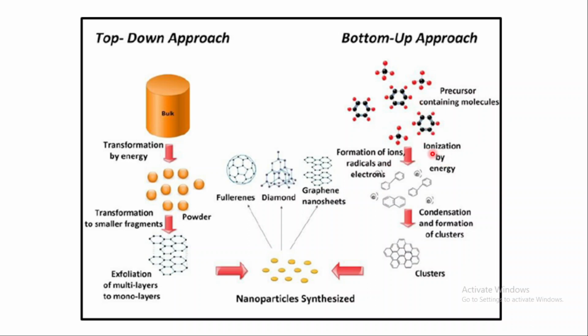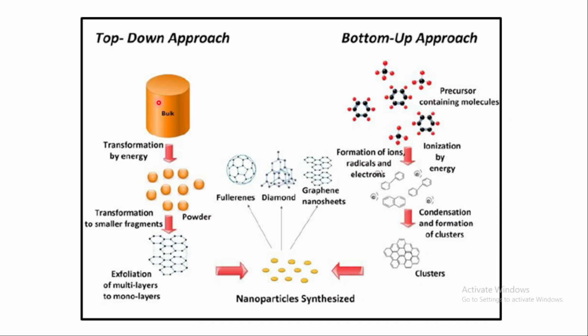And then we use energy, ionization, maybe radicals and electrons to form an environment where all these precursor molecules can undergo self-assembly or condensation or formation of clusters. So we have starting materials, we provide them with some kind of energy and an environment to undergo self-assembly into a nanomaterial. So that is bottom-up approach.